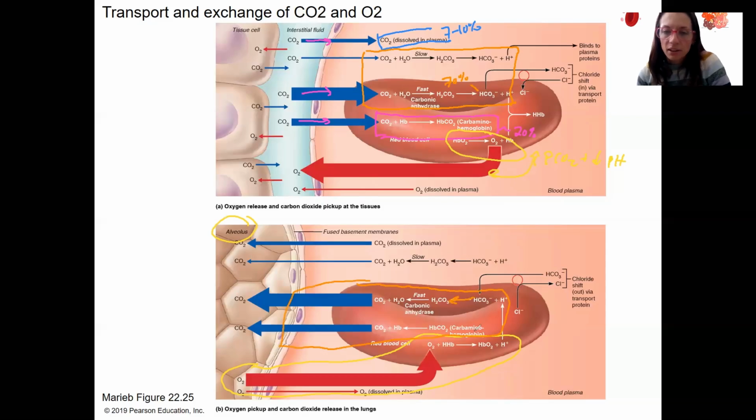So this way, and that is facilitated by this being high and PCO2 being low, so it facilitates the chemical reaction in that direction. I'm sorry, I squared that in the wrong spot. It should be these two that are the carbonic anhydrase. And then lastly, dissolved in plasma. This is just diffusion, straight up carbon dioxide diffusion.